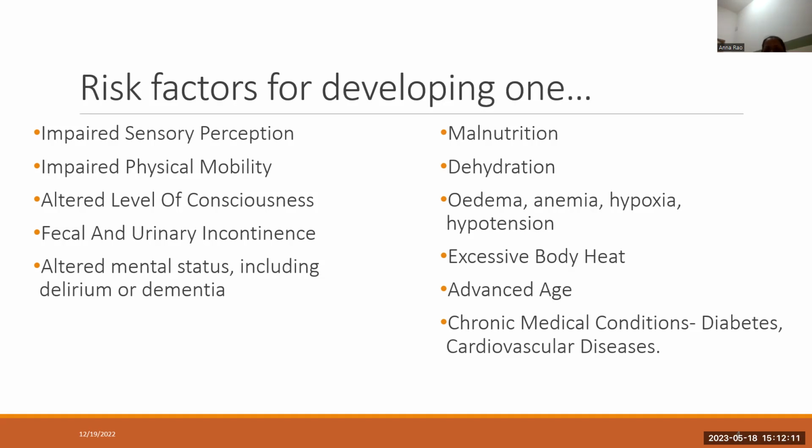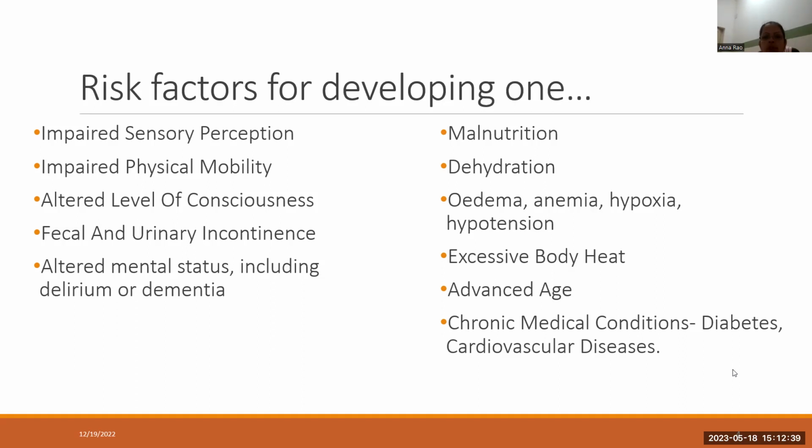So these are just some of the risk factors, not all, but most of our patients who are in palliative care are having these problems. Okay, so that's why it is very, very important that we take good care of them, identify the people, okay, who are at risk.